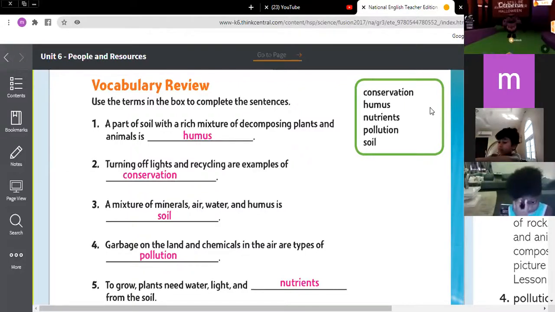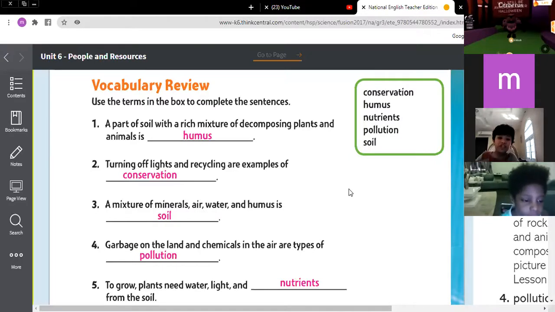Ali, number 2, please. Turning off lights and recycling are examples of conservation.